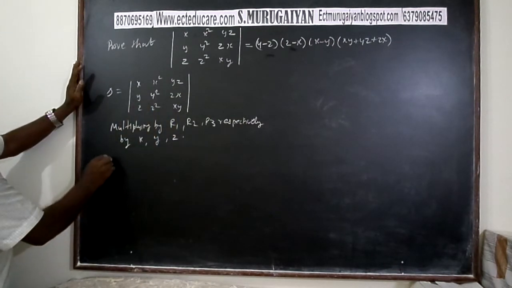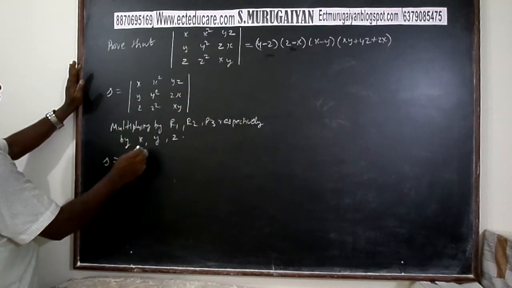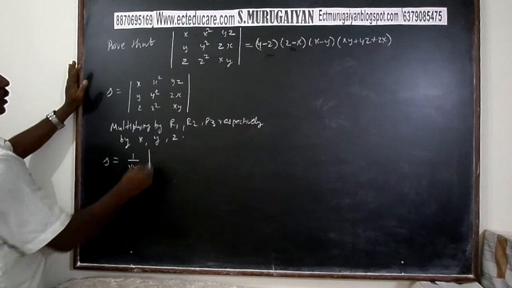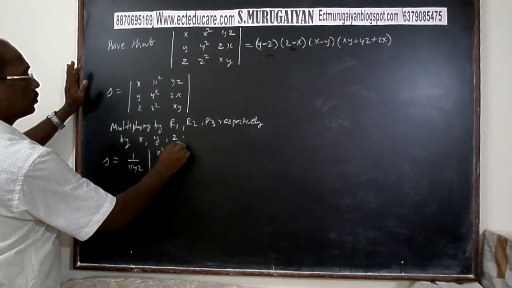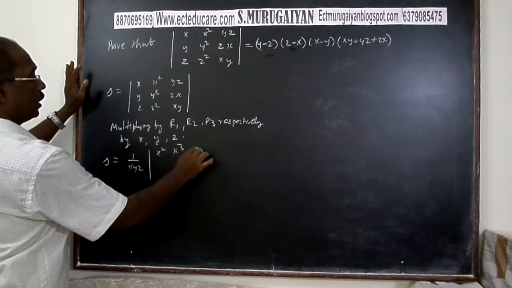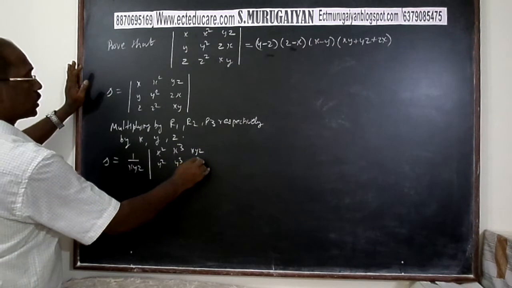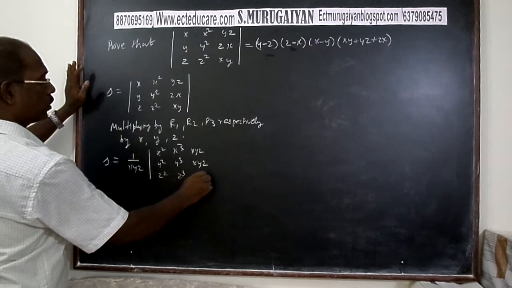Okay, then delta equal to, inside multiplication and outside a division. So 1 by xyz, then x, now x square, x cube, xyz, y square, y cube, xyz, z square, z cube, xyz.